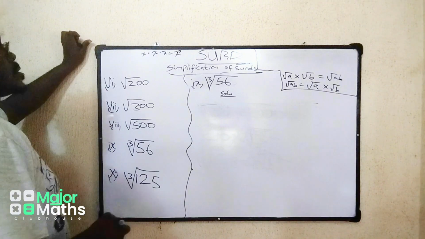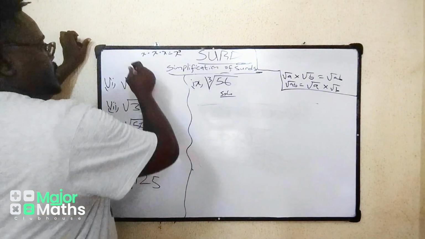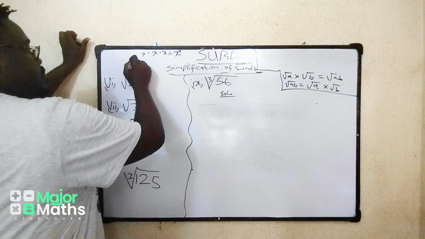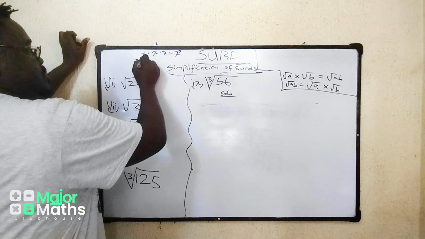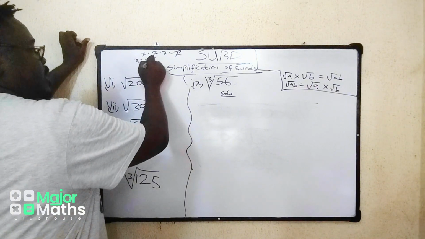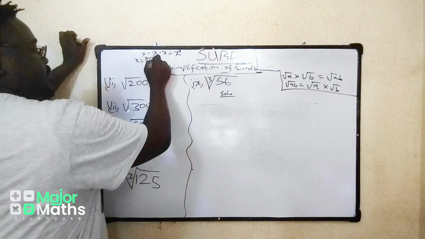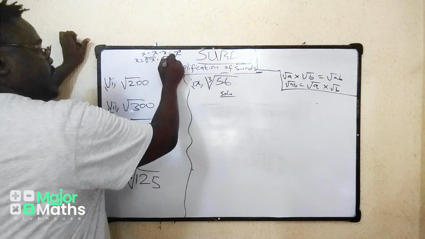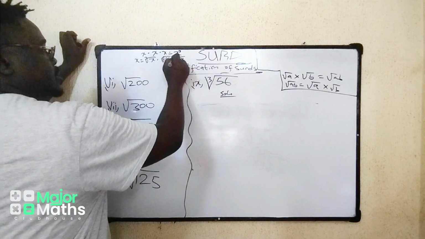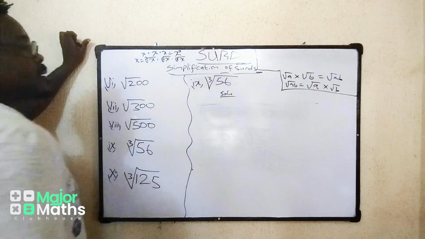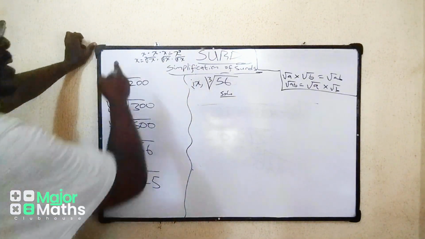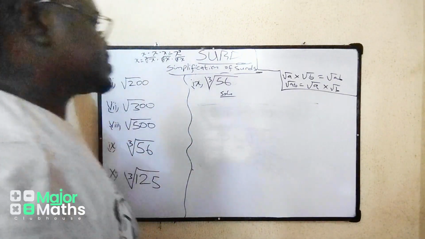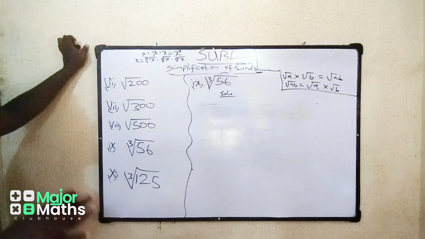You understand? Meanwhile, in the case of cube root, x will be equal to cube root x times cube root x times cube root x, which will give you x. So in this case, it's still the same procedure. Don't be scared.